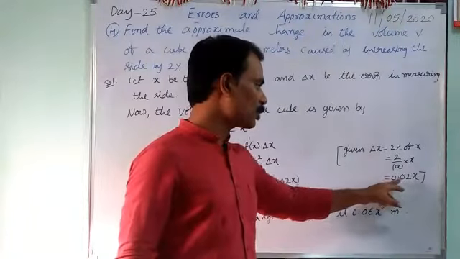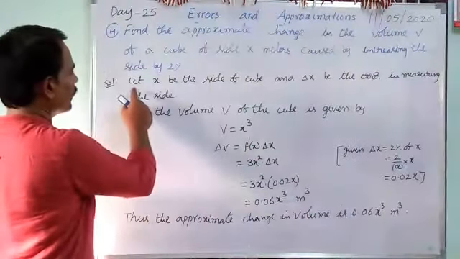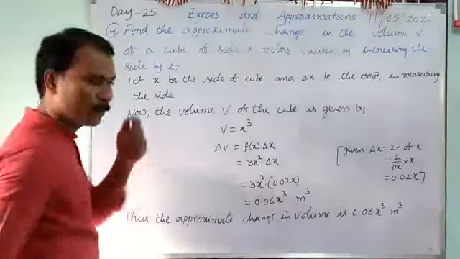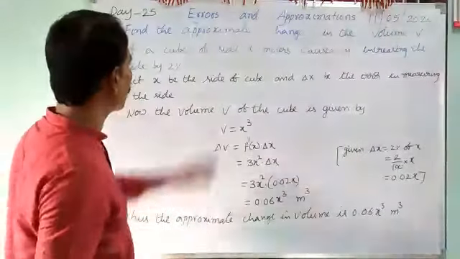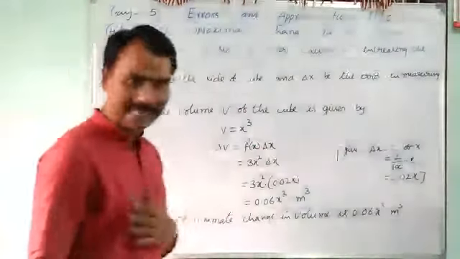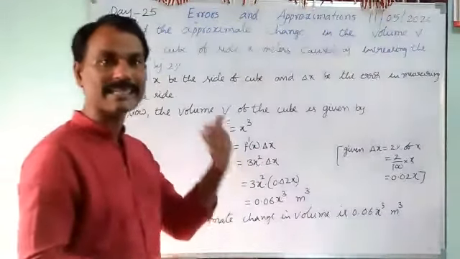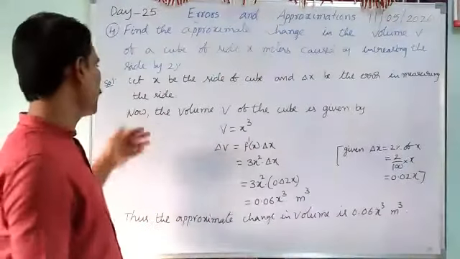Delta x value is 0.02x. What I have written here: let x be the side of a cube, and delta x be the error in measuring the side. Error means maybe increasing or decreasing.